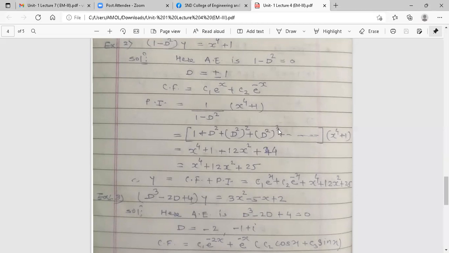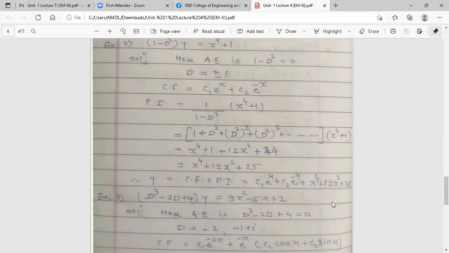(D square) cube, D square raised to 3, means D raised to 6, and the sixth derivative of this function is 0. So you count the terms up to D raised to 4. Simplify it, and the term is x raised to 4 plus 12x square plus 25. And so the general solution is y equal to CF plus PI. So this is the answer.